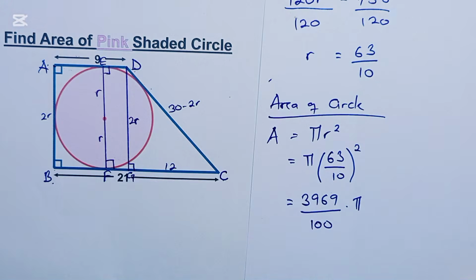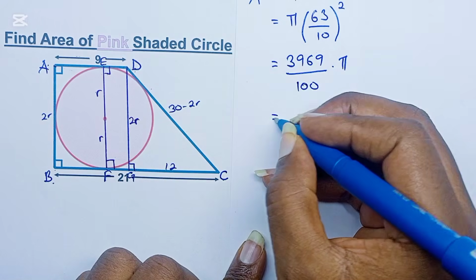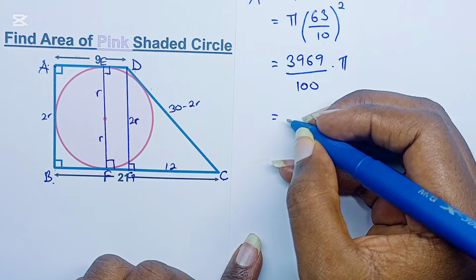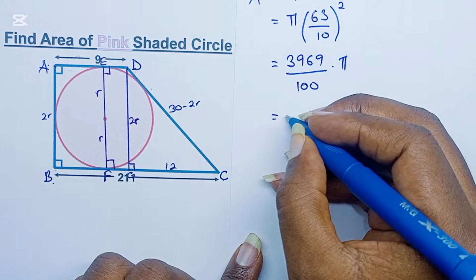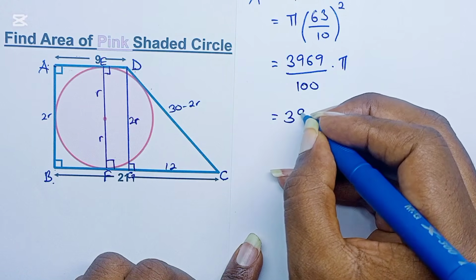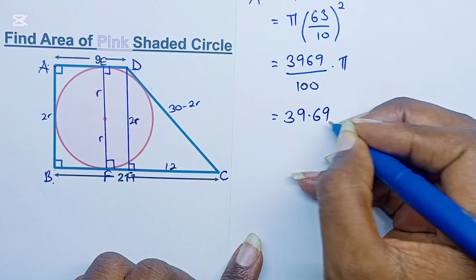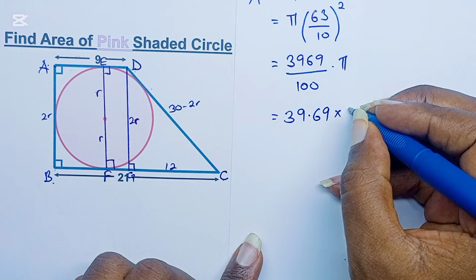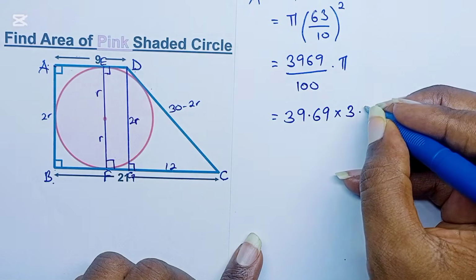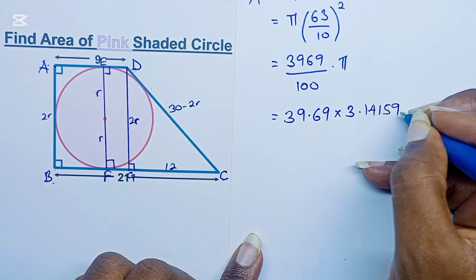So this is equal to 39.69 times pi. Pi is equal to 3.14159.